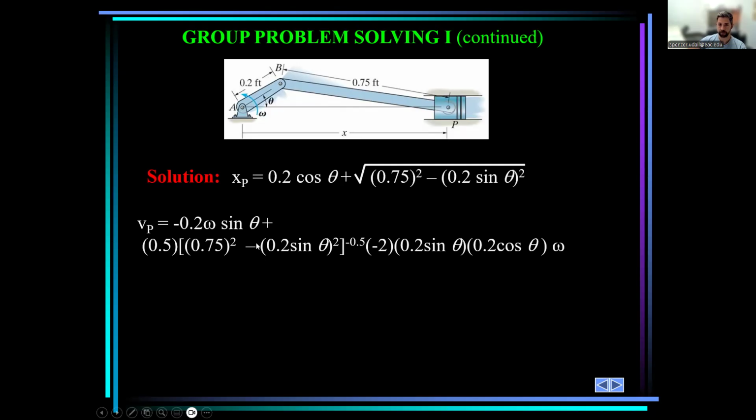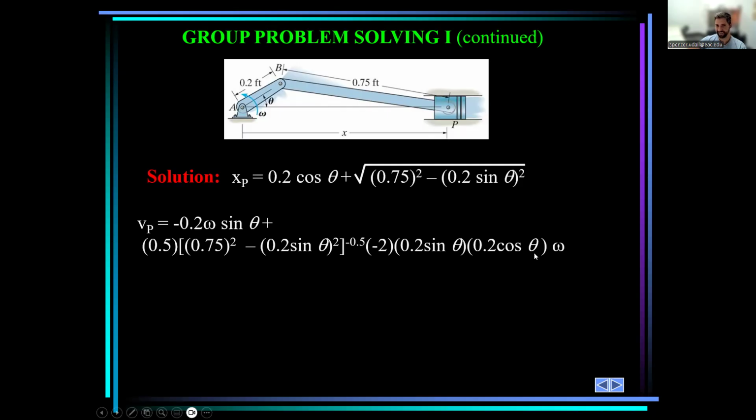So this became negative 2 times 0.2 sine theta. That's that. Now, 0.2 sine theta is inside of that exponent function. So now we need to multiply it again by the derivative of the inside function 0.2 sine theta, which would be 0.2 cosine theta.